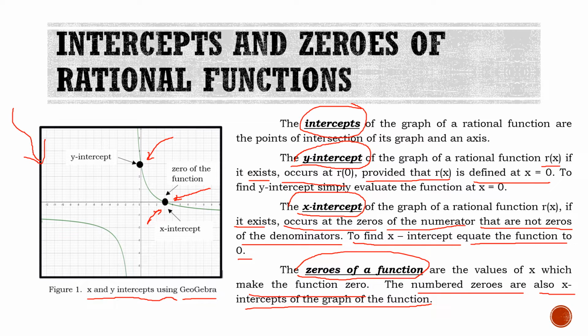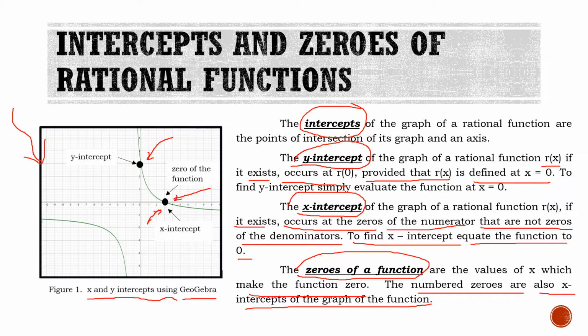Why? Because if we use y to replace f of x and we make this y equal to 0, then we can find the x-intercept. And by simply applying the definition of zeros of a function, these are values of x which make the function 0.